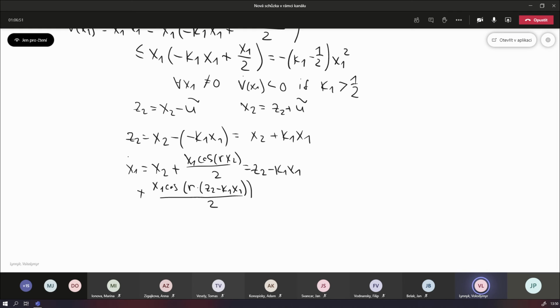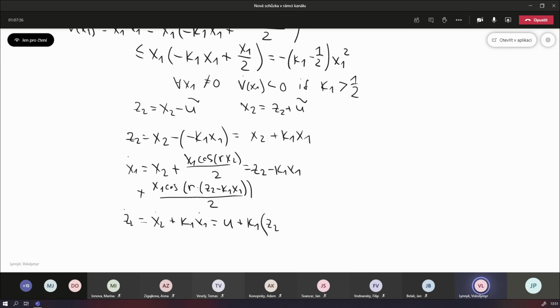And z2 dot equal to, we know that z2 equal to x2 plus k1 x1. This is x2 dot plus k1 x1 dot. It is equal to x2 dot equal to u, plus k1 and x1 dot.